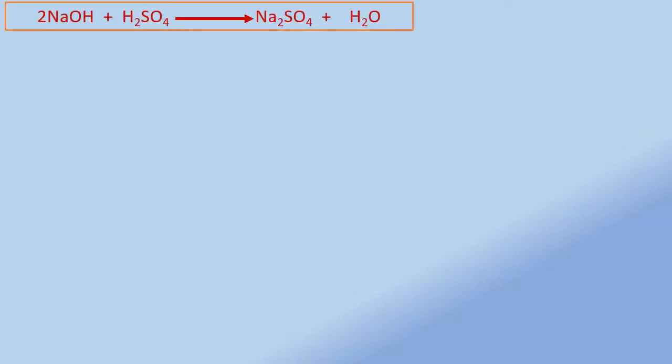We have the given equation as 2NaOH plus H2SO4 gives Na2SO4 plus H2O. Now let us check whether this equation is balanced or not.